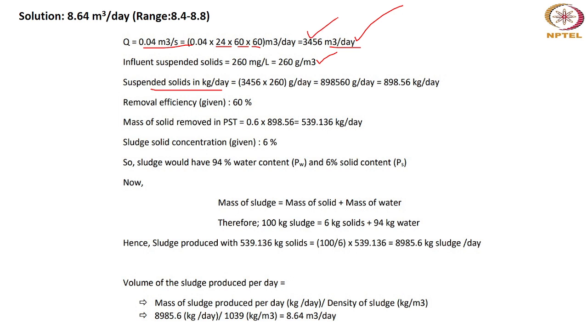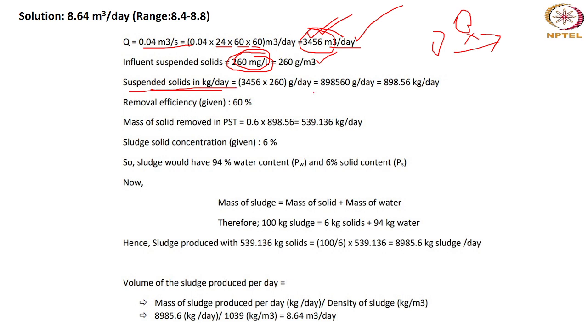The flow is 3,456 meter cube per day. If we multiply it with the concentration of suspended solids in the influent flow, we can get the suspended solids in kg per day. So how much water is coming and what is the concentration.